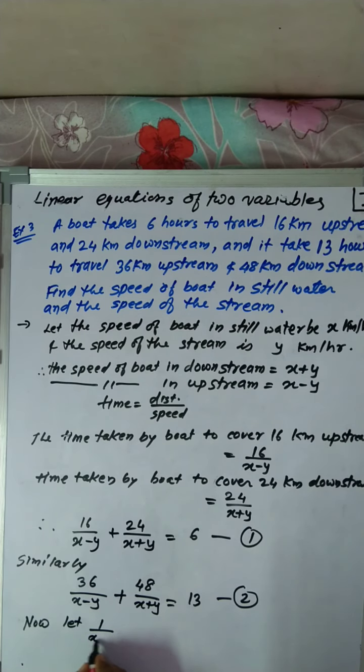Let 1 upon x minus y be equal to a and 1 upon x plus y be equal to b. Hence the first equation becomes 16a plus 24b is equal to 6. That is equation number 3.